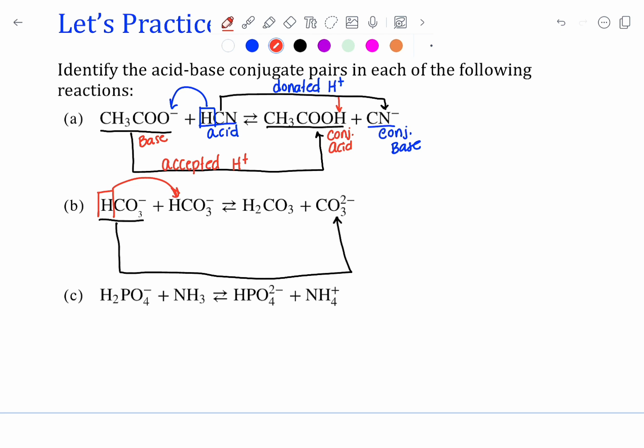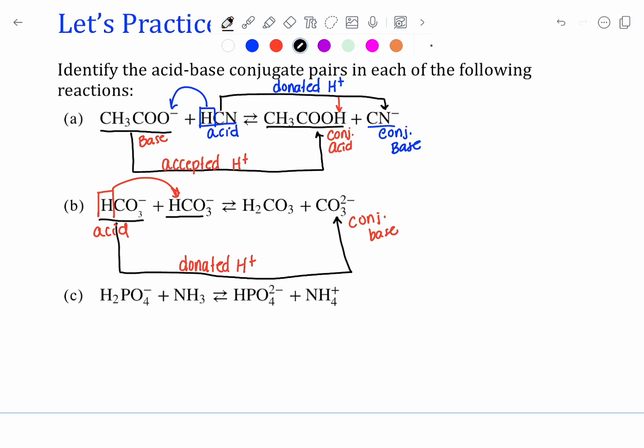So one of those HCO3- donated a hydrogen, therefore acting as the acid and creating the conjugate base.